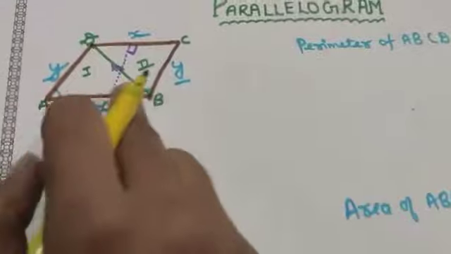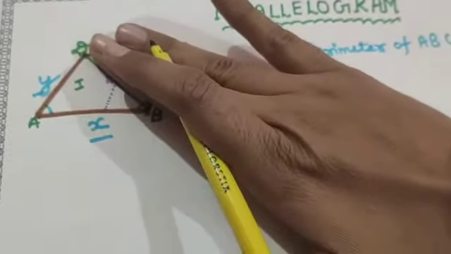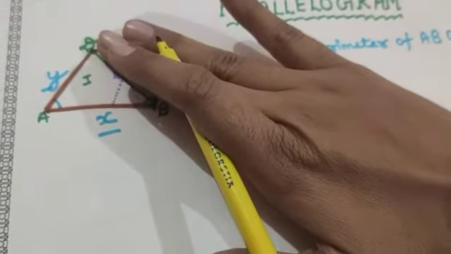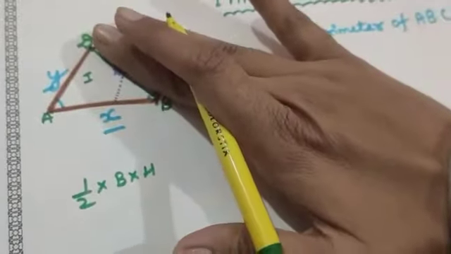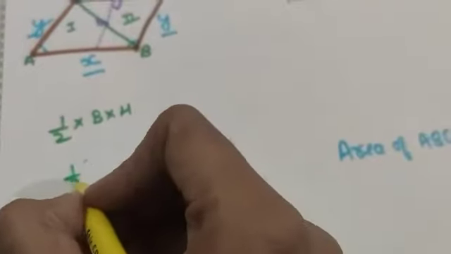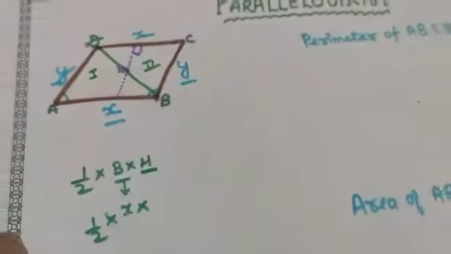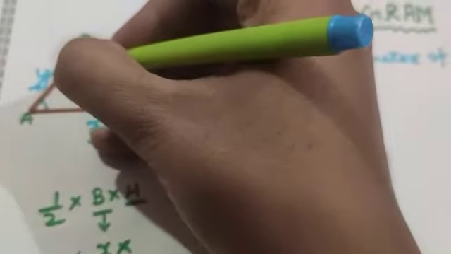So see the triangle ABD. We want to compute its area. What is the area of a triangle? Area of a triangle is half into base into height. So in triangle ABD, what is the base? Base is x. Now what is the height? For finding the height, let us draw the perpendicular from this vertex D to its opposite side, that is AB.